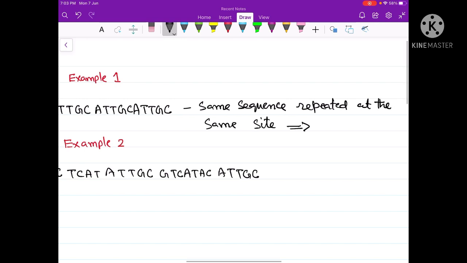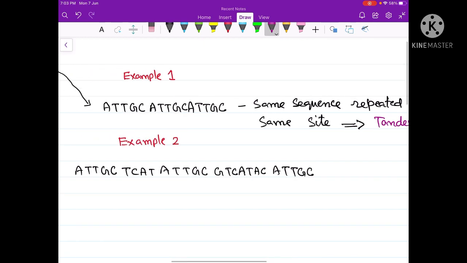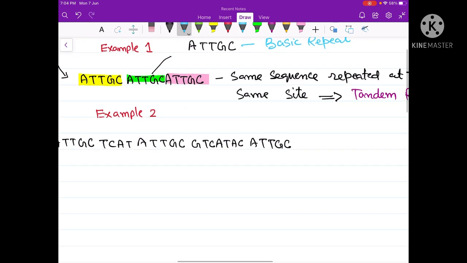The sequence I am highlighting, ATTGC, is being repeated one after another. This sequence ATTGC is called the basic repeat because this is the sequence that is repeating, in this case 3 times.